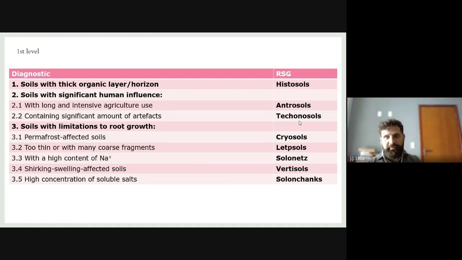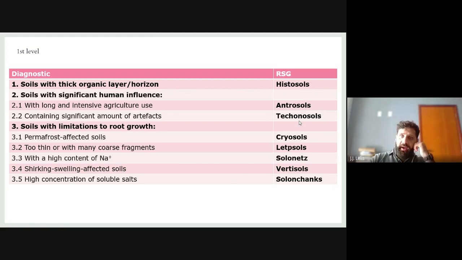They are called technosols. Or if we prepare something to build a house or a building or a road, these kinds of soils that are significantly affected by humans are called technosols.